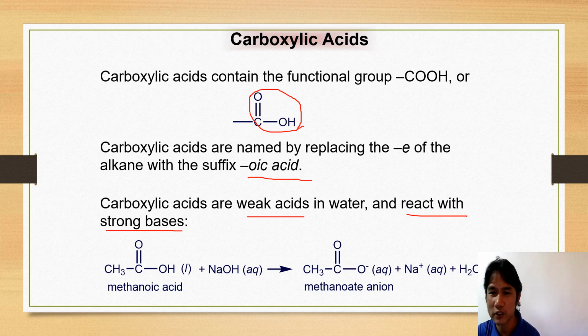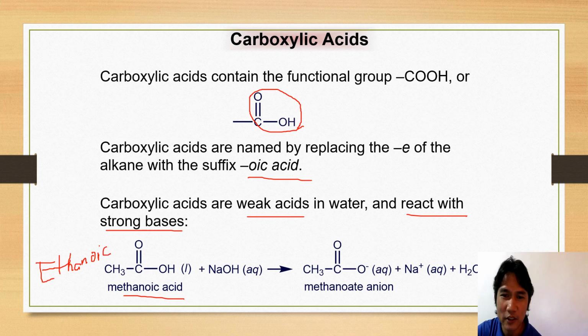So for example here, it's not metanoic acid, this should be ethanoic acid. The labeling is incorrect. Ethanoic acid is commonly known as acetic acid.